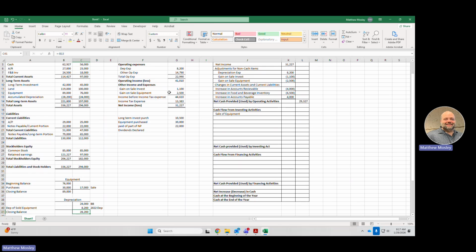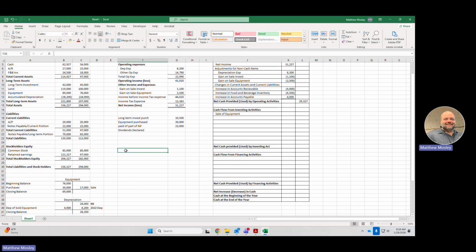Now we need to figure out the depreciation that was written off of our books when we sold this equipment. So we're going to do the same thing as we did with the equipment. We're going to add these two up and subtract out the closing balance, $4,000.